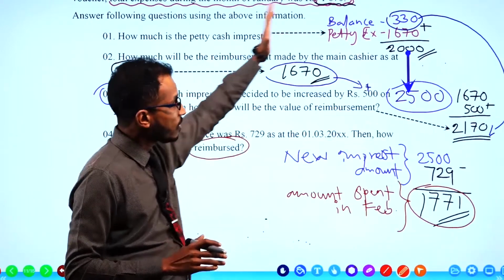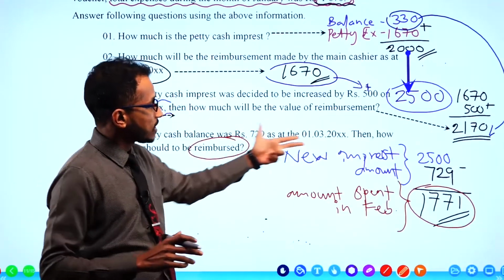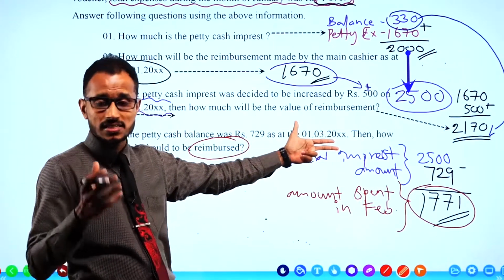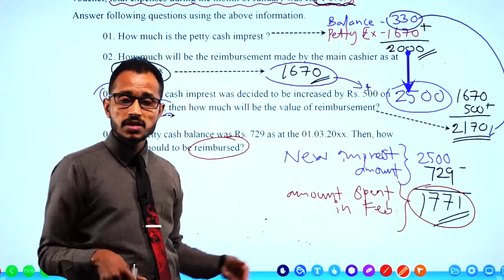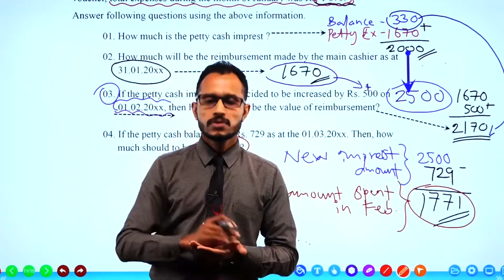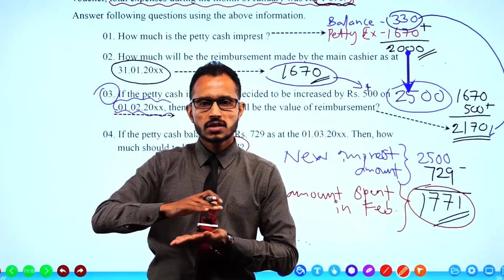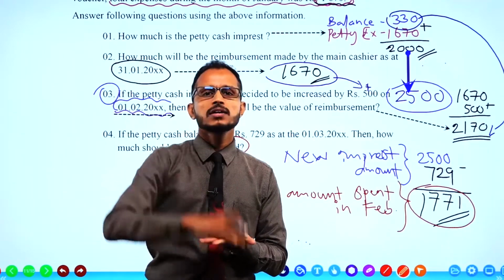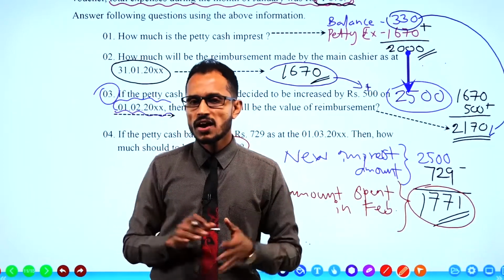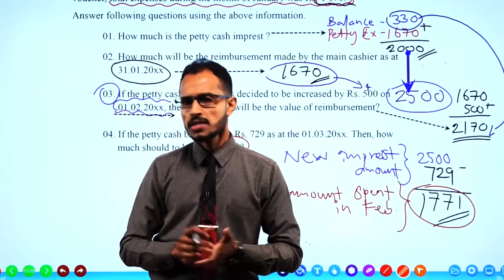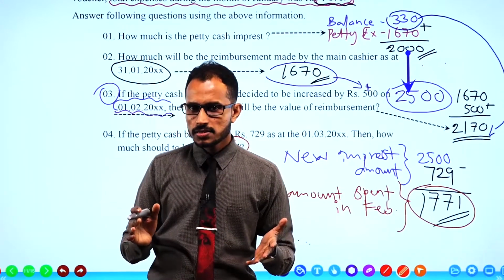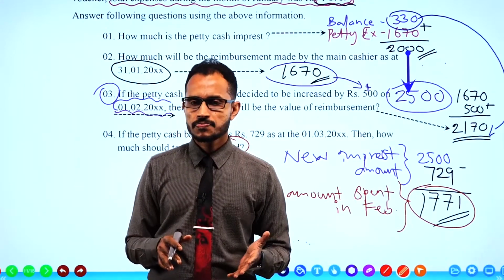The understanding of how the petty cash imprest system and the reimbursement and increasing of imprest amount work. If you have that understanding, children, that's what counts. That is what is important here.